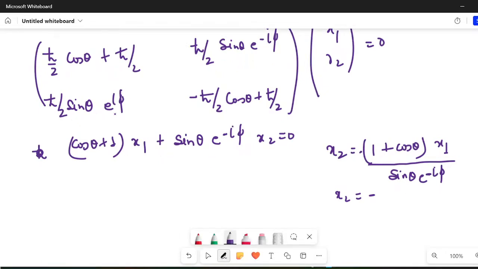So another equation also let me write. Another equation would be sin theta e to the power iota phi x1 minus of cos theta plus 1 x2 is equal to 0.